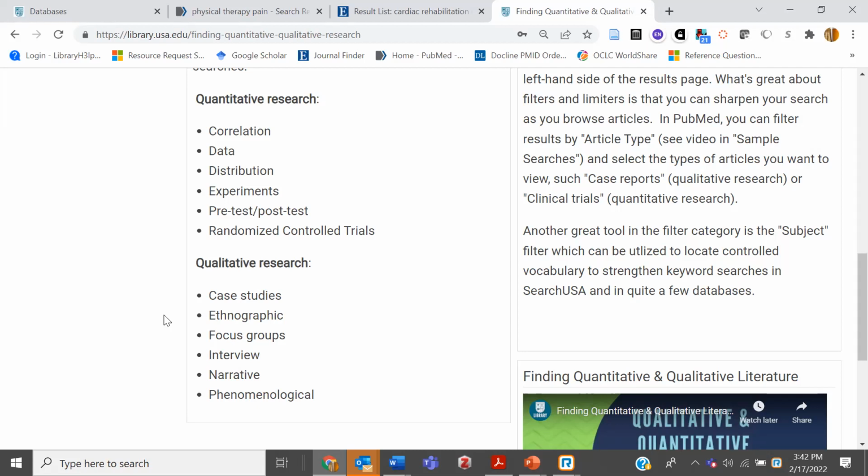Ethnographic research often is much more qualitative. Case studies are generally a single case, so they're not necessarily assembling data across a large patient sample. So they tend to be a little more qualitative, although you might have quantitative measurement of a particular function or something like that for that single patient.